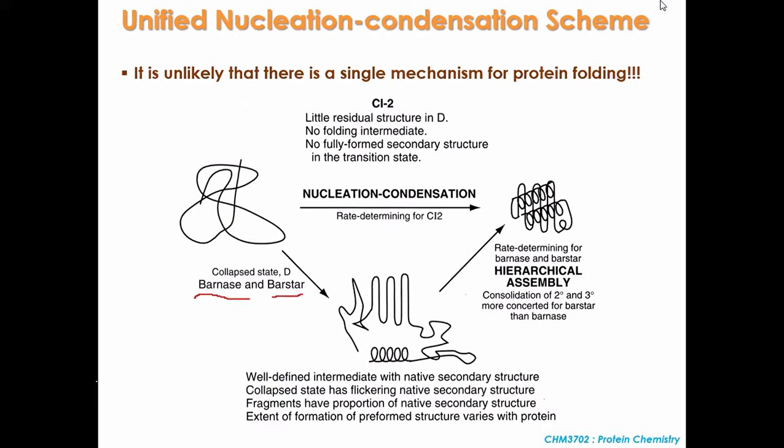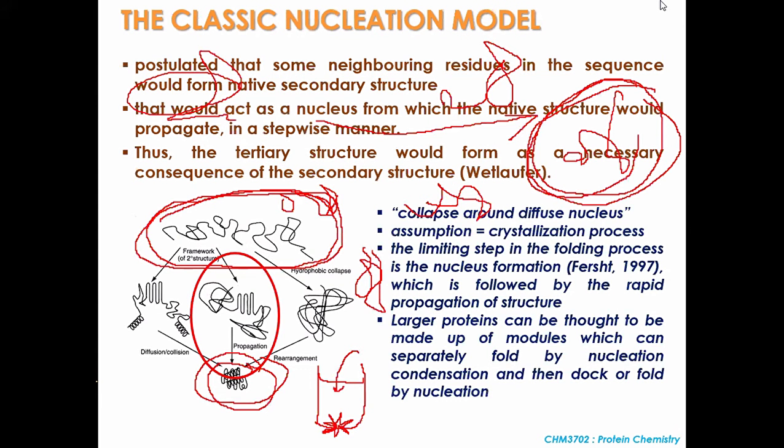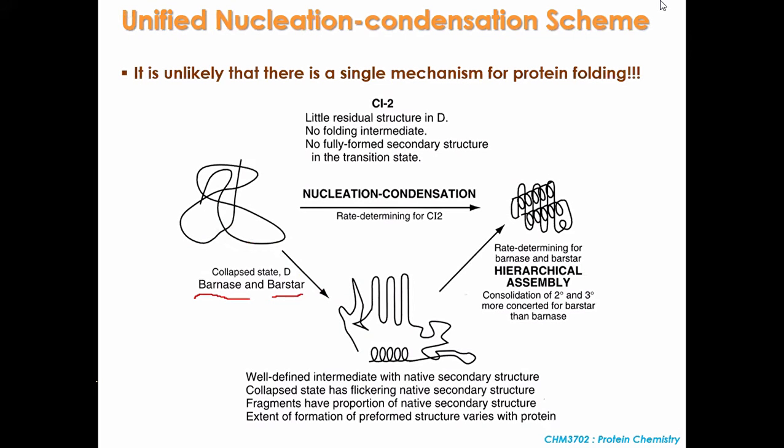Yeah, nucleation, ada, hydrophobic collapse pun ada. Yeah, and then another mechanism apa? Collision. Yeah? Collision and diffusion. So they combine three mechanisms together to form a Barnase and Barstar complex.